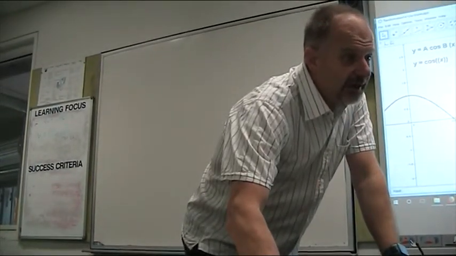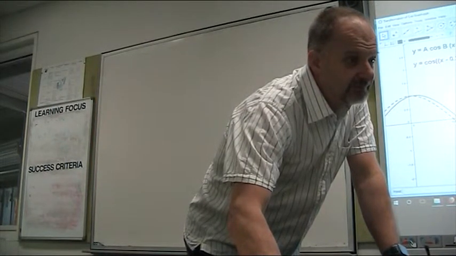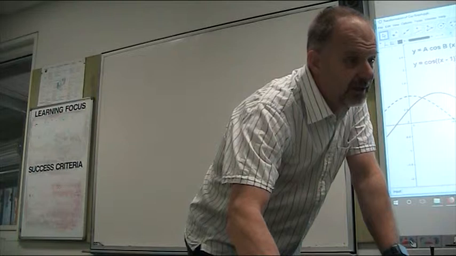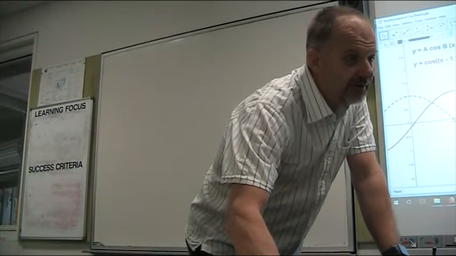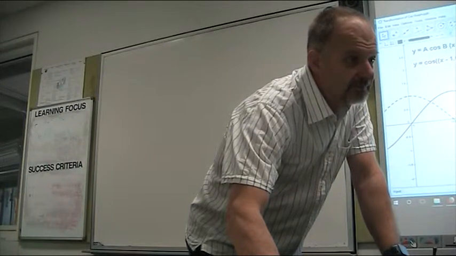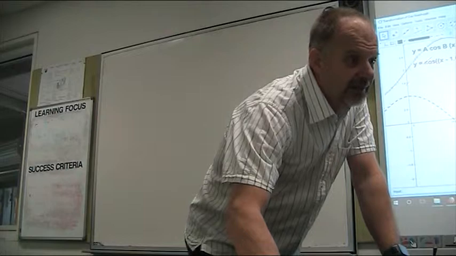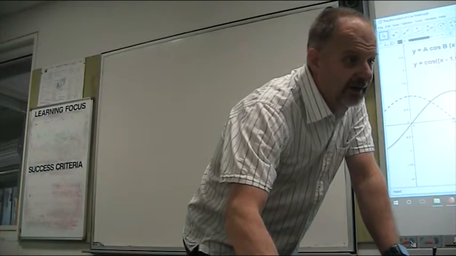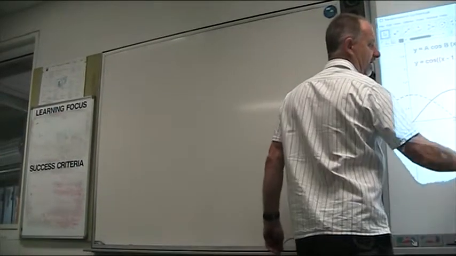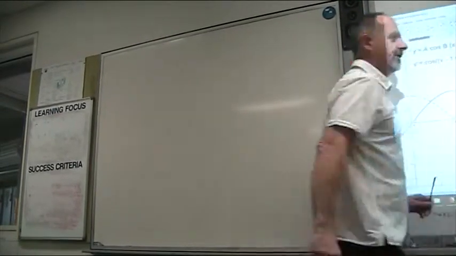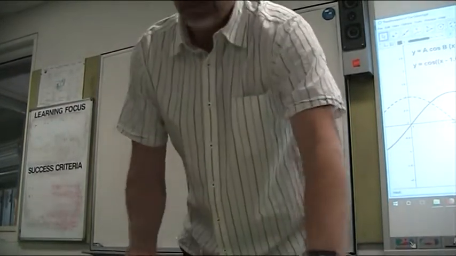So if I change that number there, the C, as we know from the others, turning left and right. And then the D on the end, up and down. And again, the amplitude and the period, no change with them. All right.